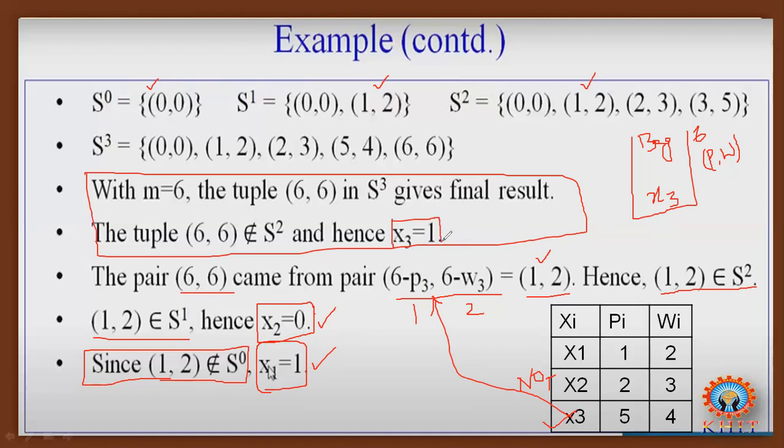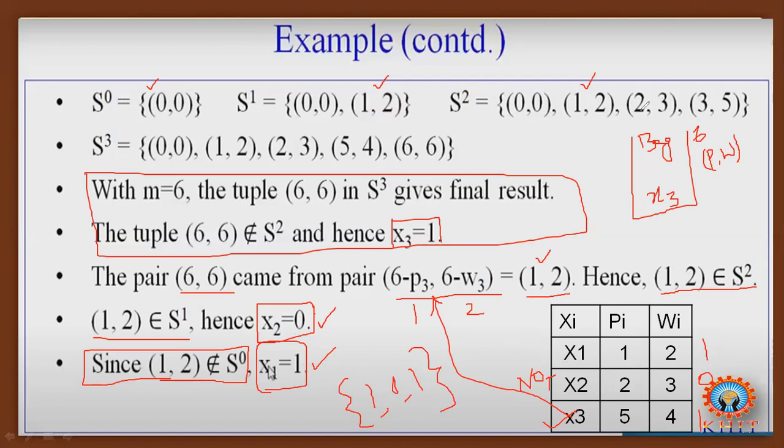You got the result now. x3 equal to 1, so the complete item is selected. x2 is 0, you have not selected the second item. x1 is selected. So in this way x1 is equal to 1, x2 equal to 0, and x3 equal to 1. This is the set of items you can place into the bag: 1 0 1.